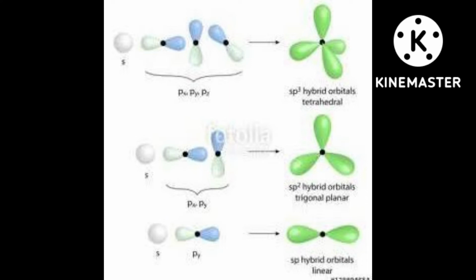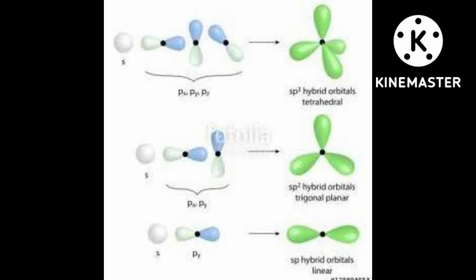Again, listen: they arrange in space in such a way that they get less repulsion among the electron pairs, because many electron pairs are there. Therefore, the type of hybridization indicates the geometry of the molecules.